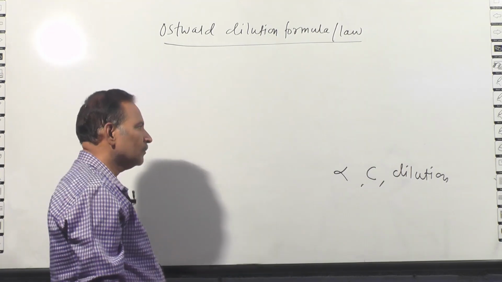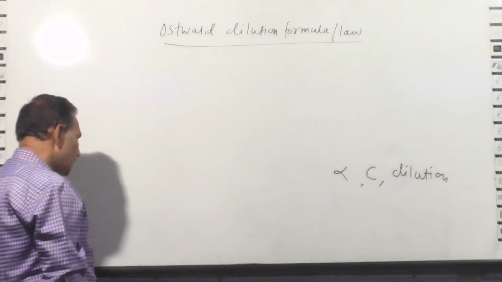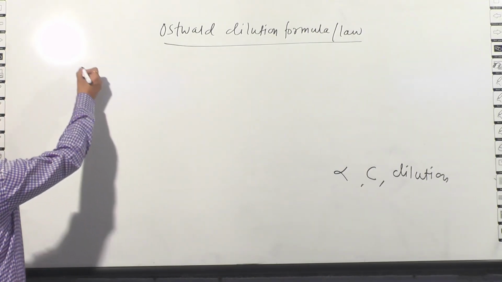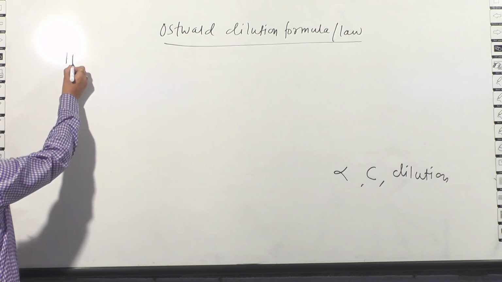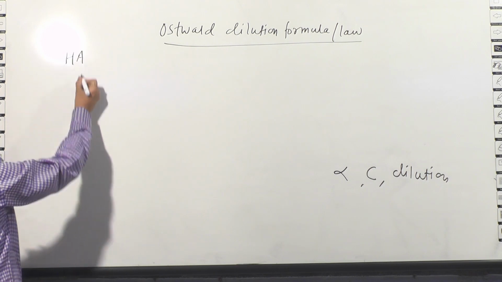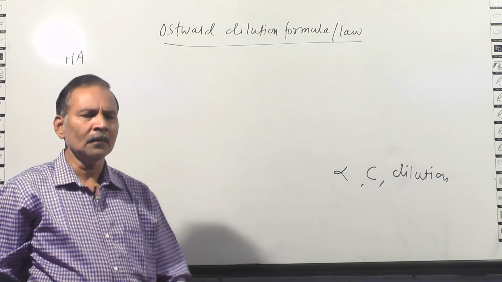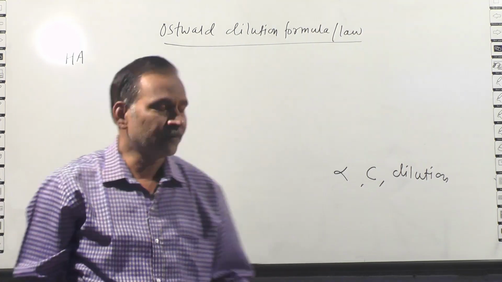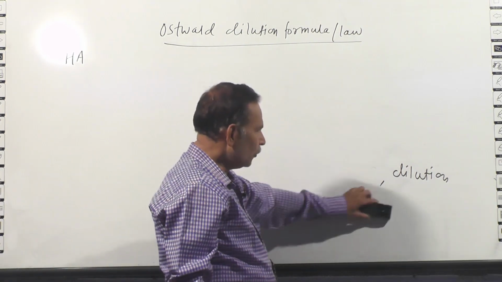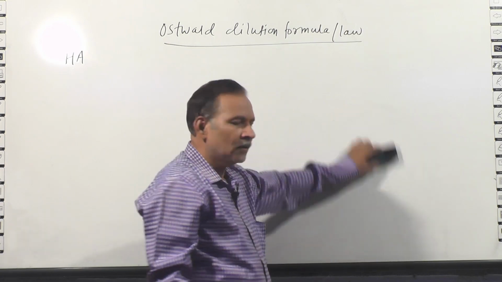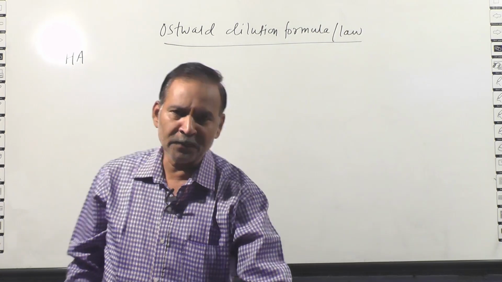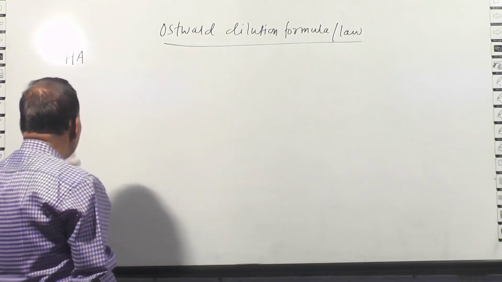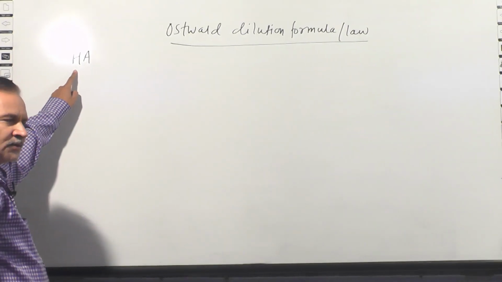Earlier to this, we have seen that all acids are represented by the general formula HA, where H stands for the proton that is released by the acid and A stands for the remaining part of the acid. So here we have to make certain assumptions.